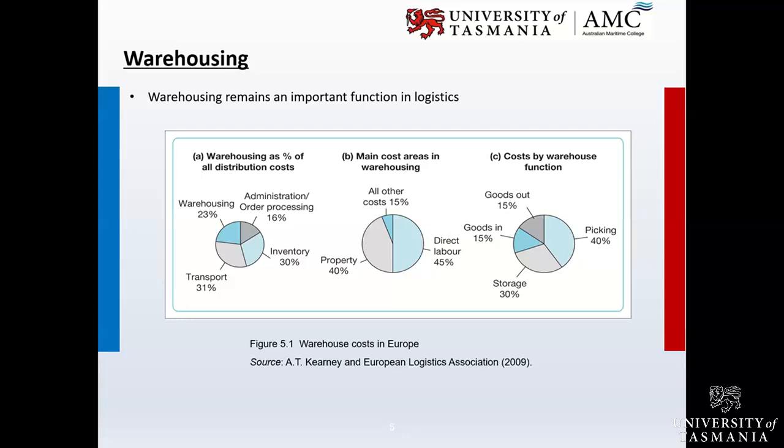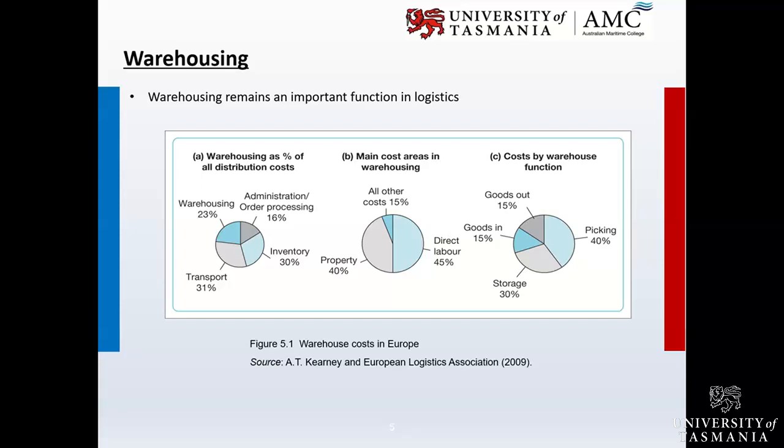So this part is related to property cost. Labor cost is easy to understand. The company needs to employ people to work in warehouses.